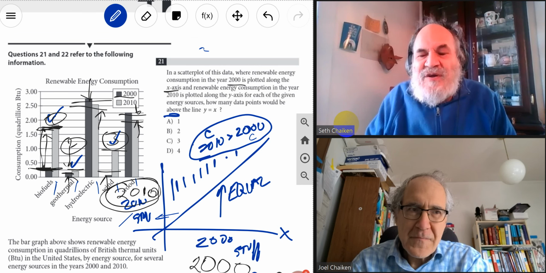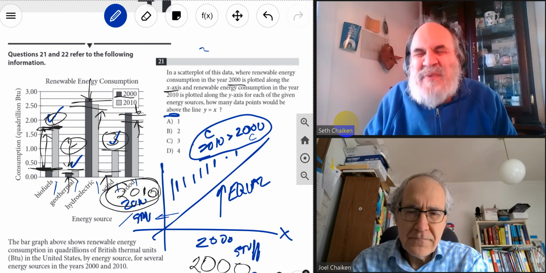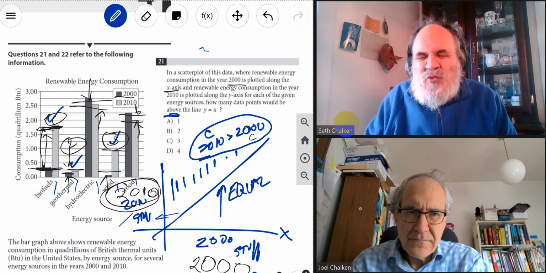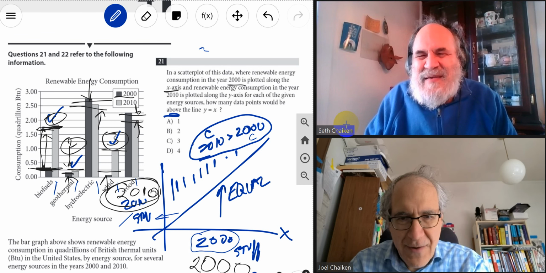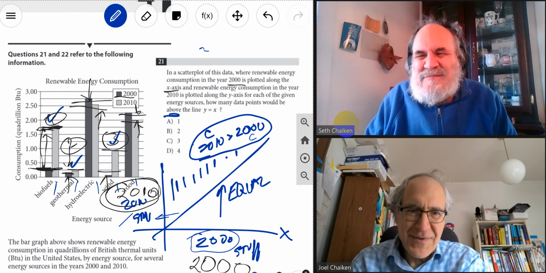Well, what's important and critical in this question about what to be neat about is which one is for 2010, right, versus 2000. Well, that's why what you could do is you could just really be neat about one of them. If one of them is 2000, the other one is 2010.